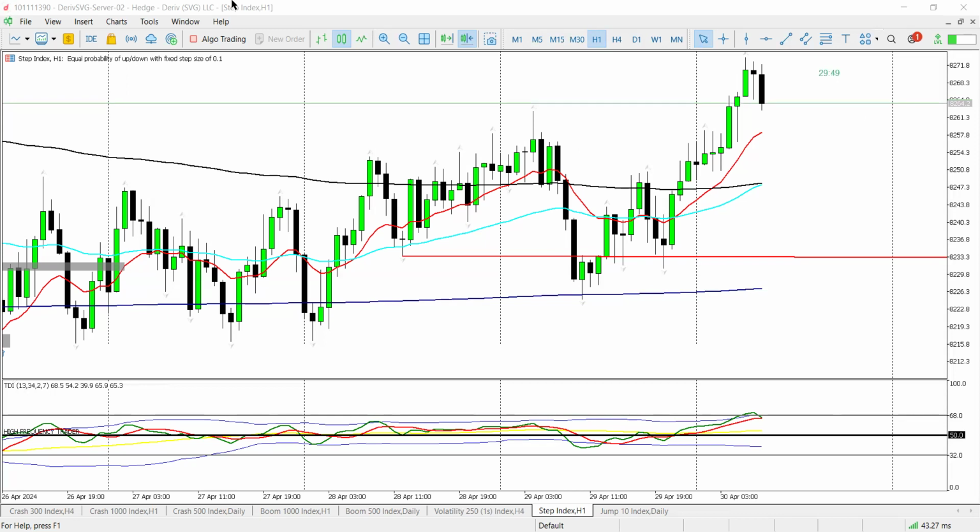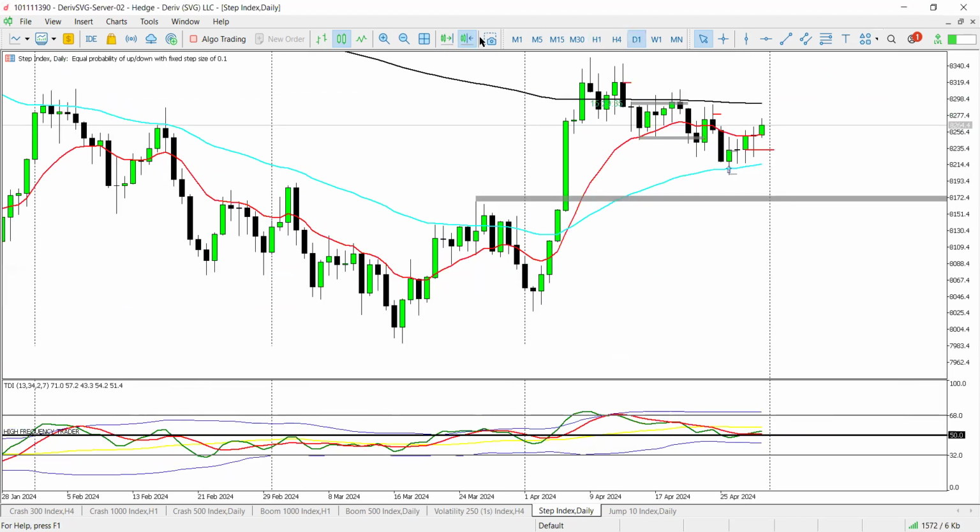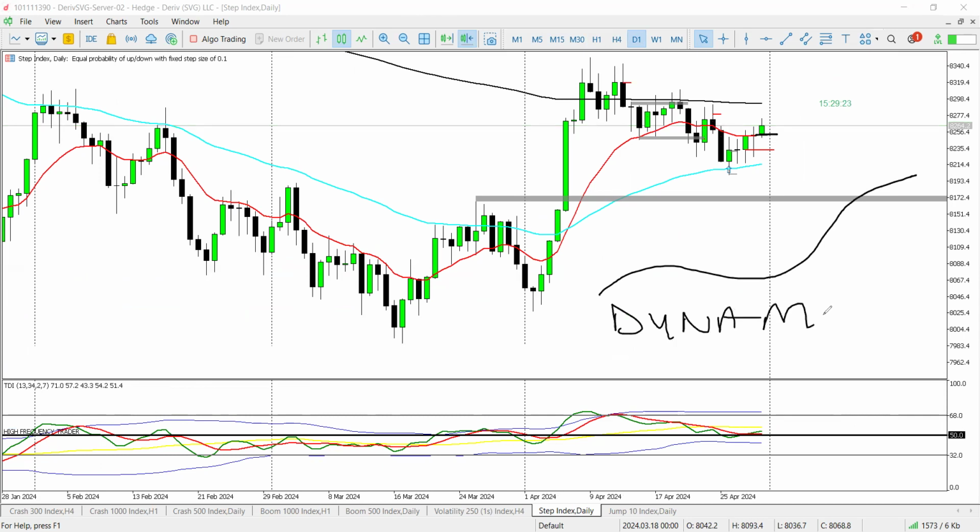Why? Because price is literally on a daily dynamic support and resistance zone. What it simply means is price is on the 13 EMA. So if we go to the daily, you see that price is on the 13 EMA right there. So the moving average, remember this, it's dynamic because it's moving, right?